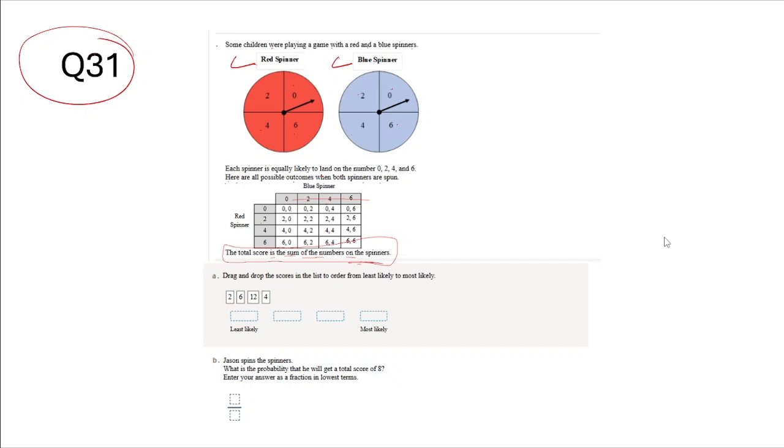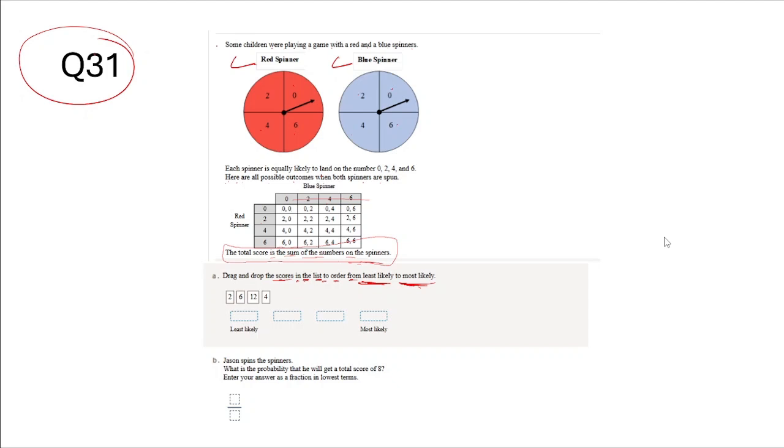Now drag and drop the scores in the list to order from least likely to most likely. Least likely means it can happen once or twice.